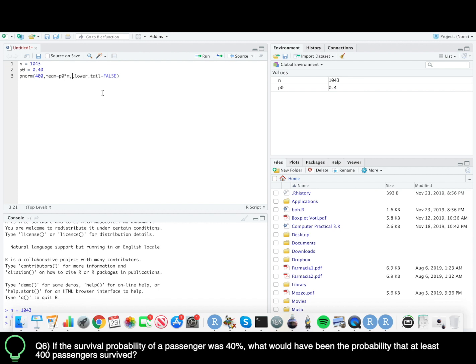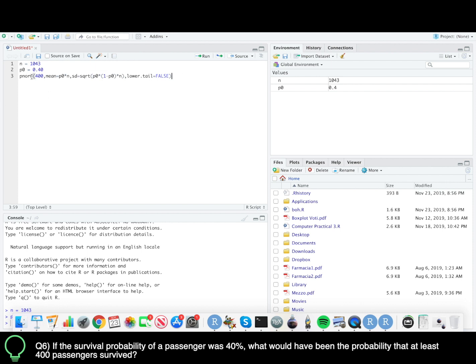We also have to specify the standard deviation, and in this case, the standard deviation of a single Bernoulli, which is then multiplied by square root of n, is given by the square root of p0 times 1 minus p0 times n, and the square root of all of this.